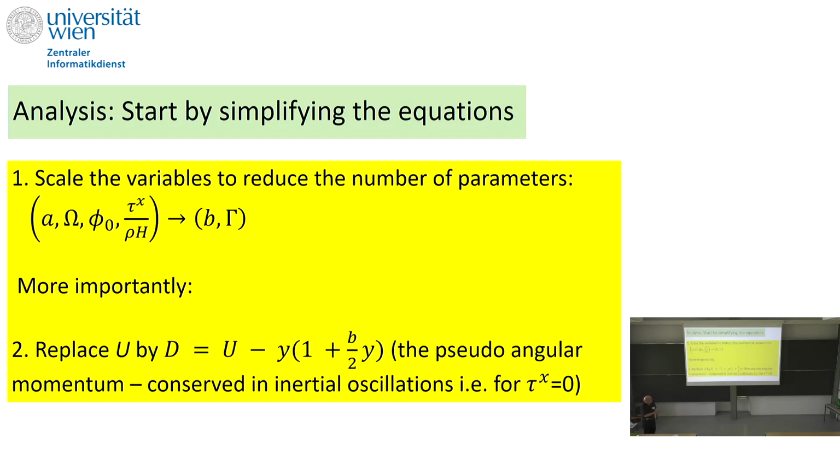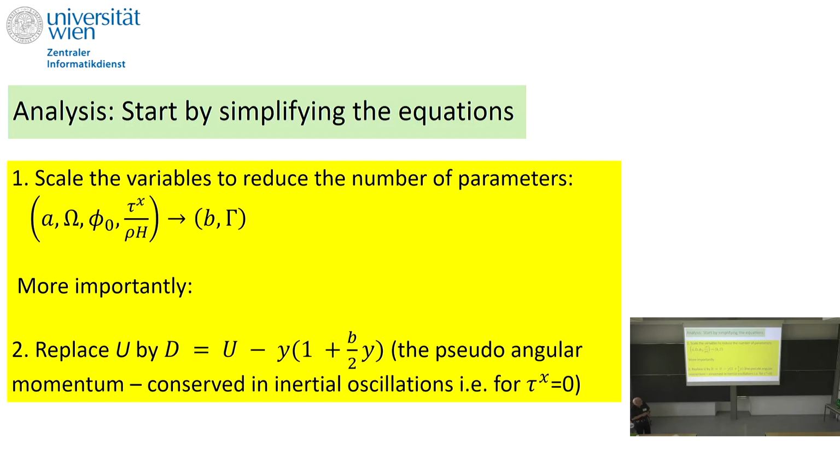There are many pseudos, but in this case, it's not the angular momentum. Define it as u minus this combination of y, the integral of f here. And you substitute in the equations: everywhere you have u, you substitute the pseudo-angular momentum.